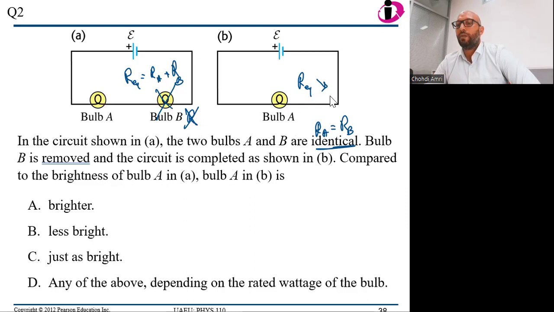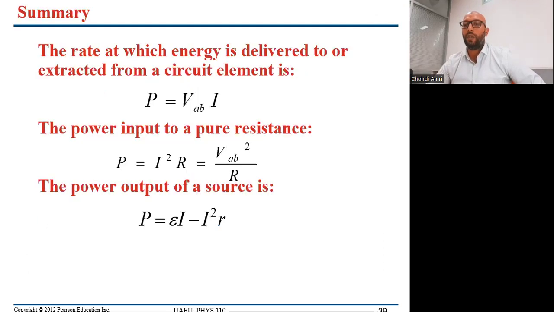In this case R equivalent is decreasing. When R is decreasing, what happens to the power? The power is increasing, so light bulb A is brighter. We are done. Thank you so much. See you in chapter 26.